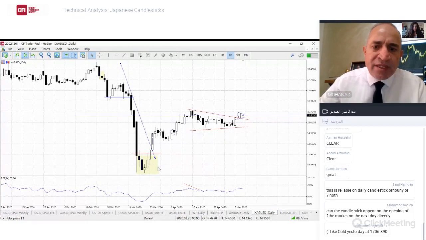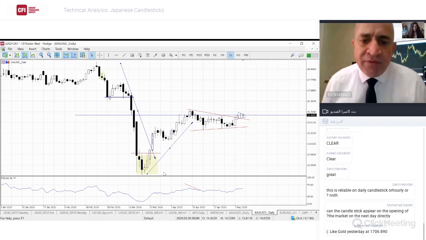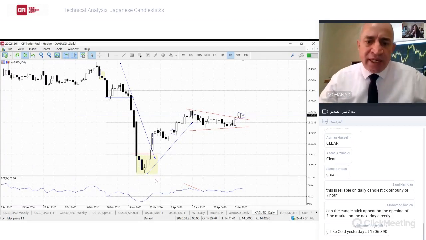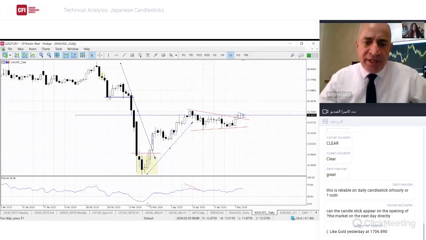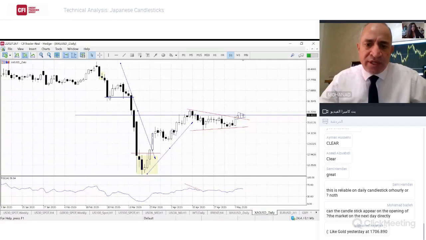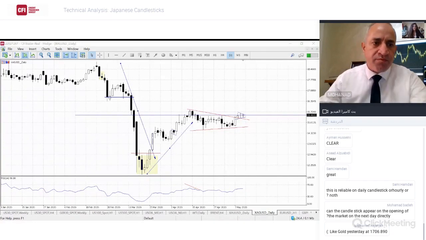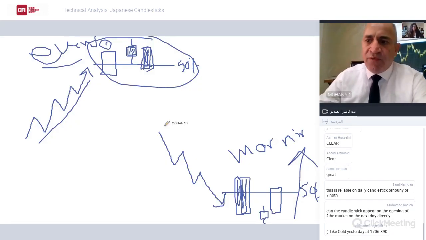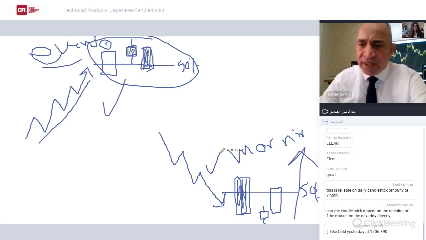I expect the price will change its direction from downtrend to the uptrend, and that's what really happened in the market. These are good examples for the morning star pattern. So for the triple candlestick, we had evening star and morning star.